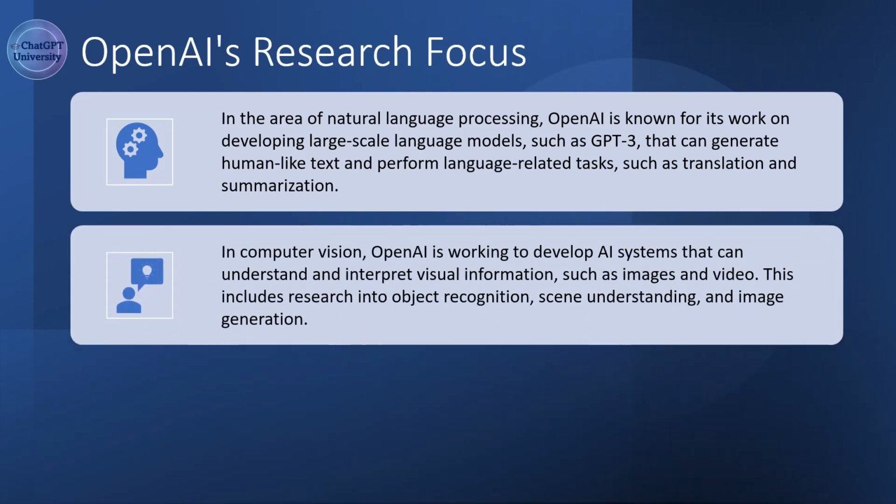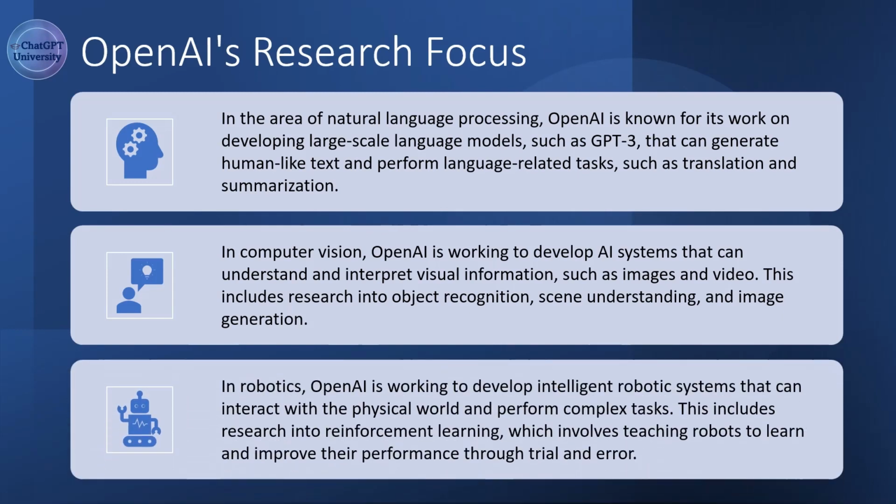Number 2, in computer vision, OpenAI is working to develop AI systems that can understand and interpret visual information, such as images and videos. This includes research into object recognition, scene understanding, and image generation.